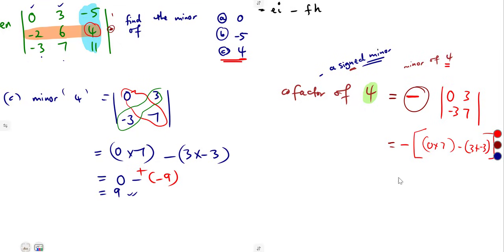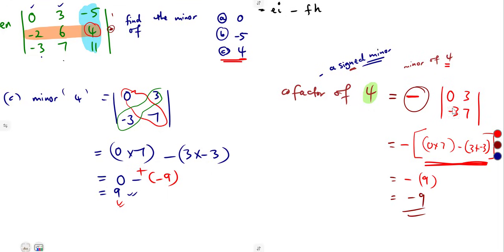Negative 3. Whatever you have is supposed to be affected by this negative. That is where we obtained this positive 9. So it is going to be negative times 9, which is negative 9 at the end.